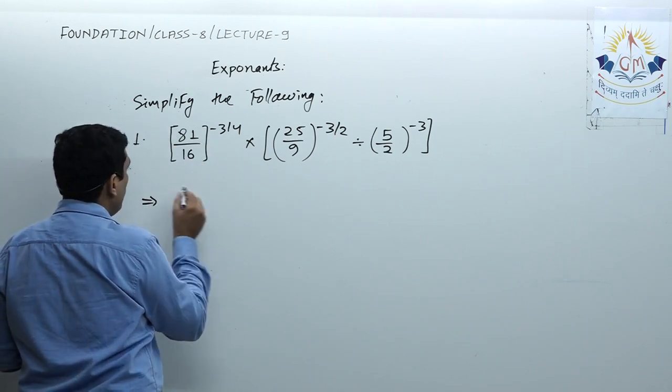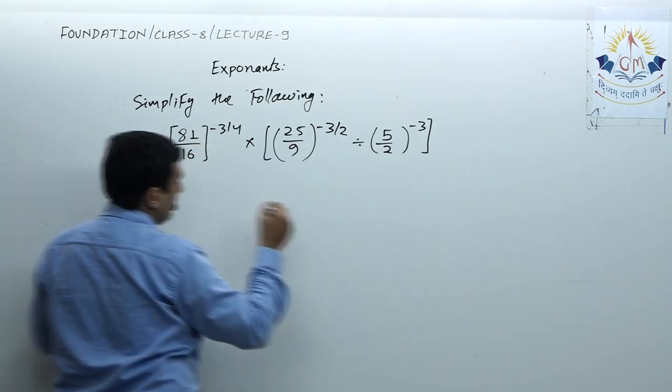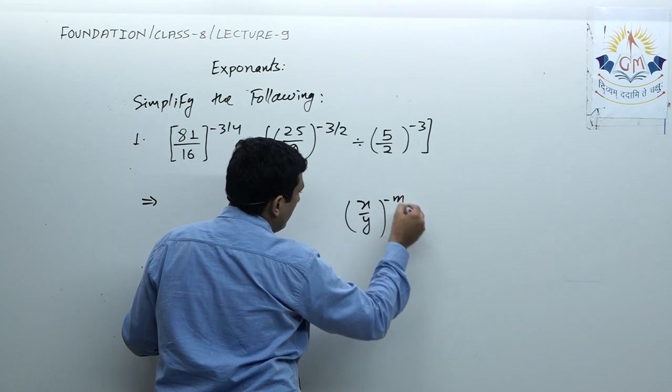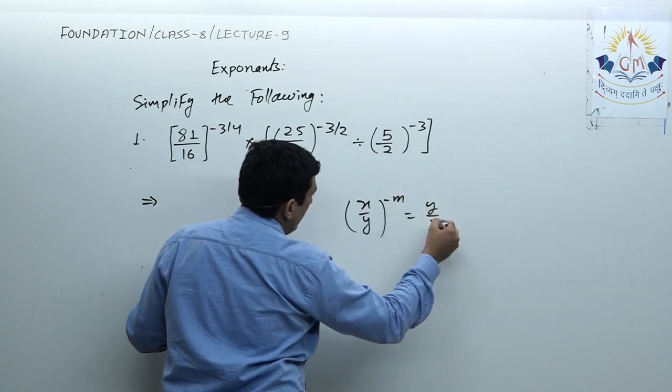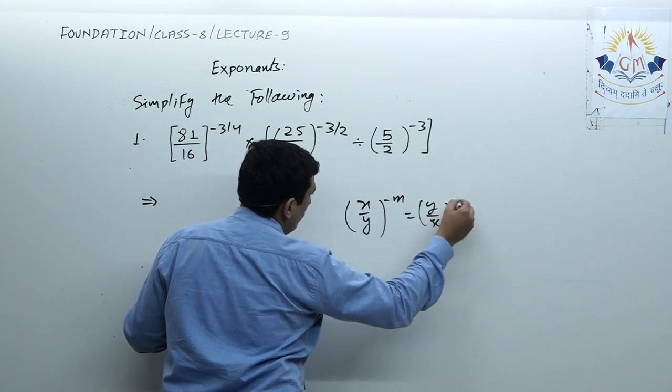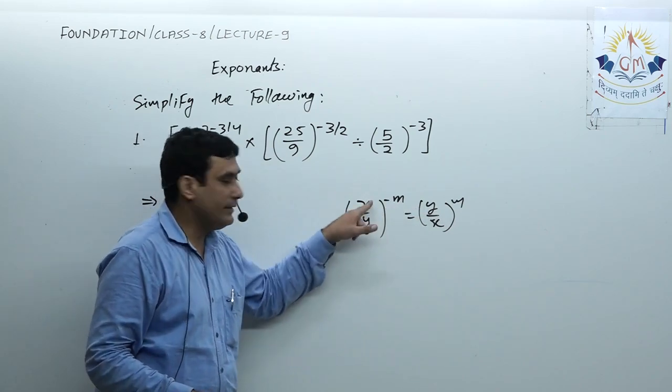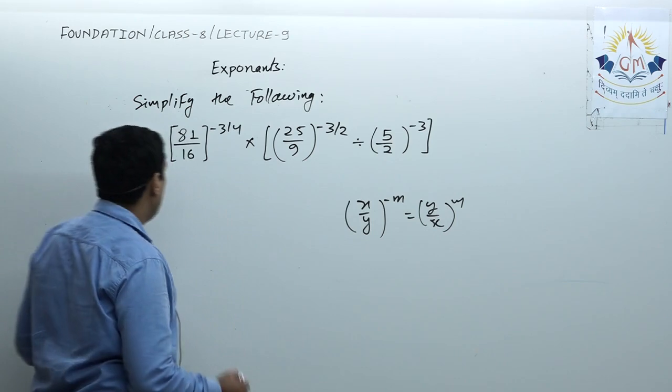For that, I will reverse this. As I told you, (x/y)^(-m) is equal to (y/x)^m. To make the power positive, I will interchange the numerator and the denominator.